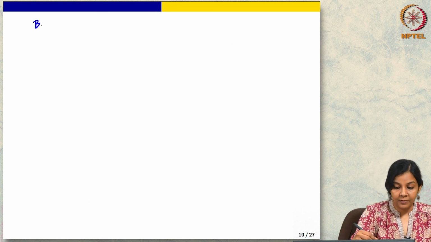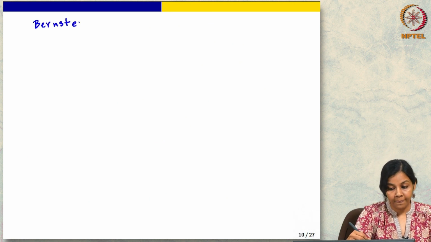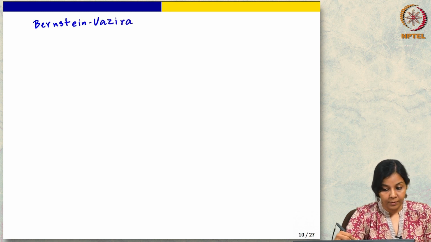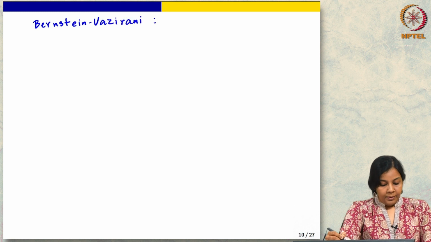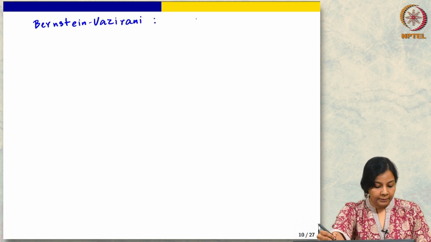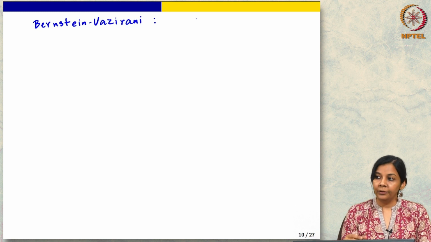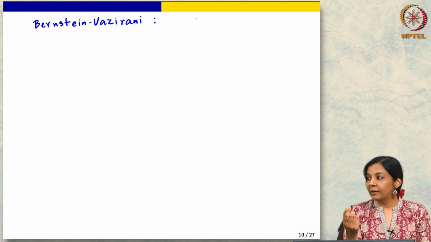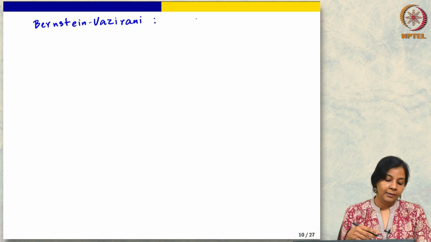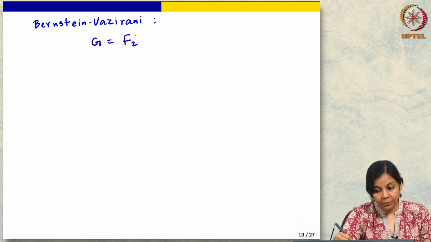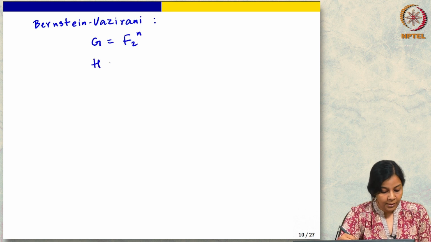Bernstein-Vazirani. So, remember here, you had the function as x inner product S mod 2 and you wanted to recover S, right. So, here again G is F2 to the n, okay.